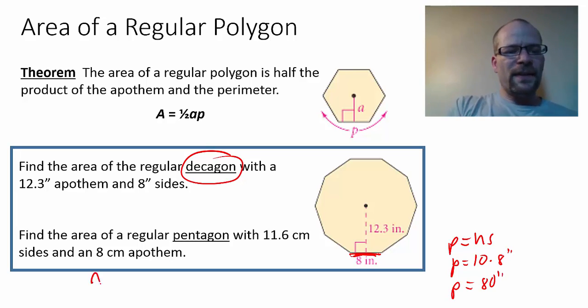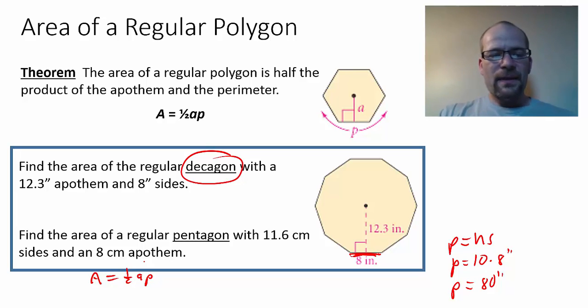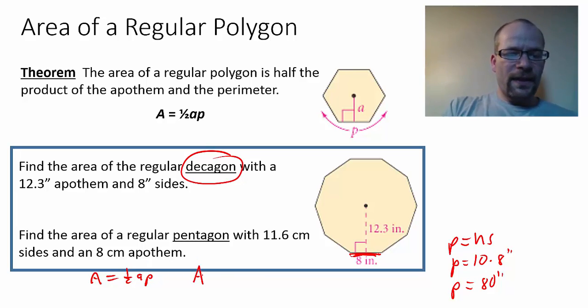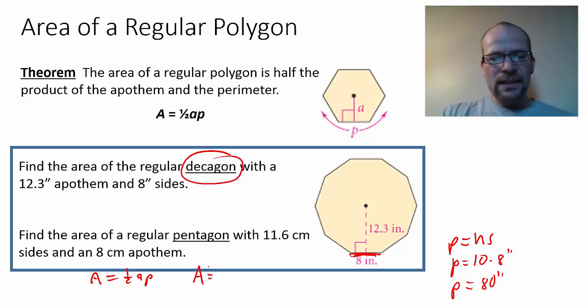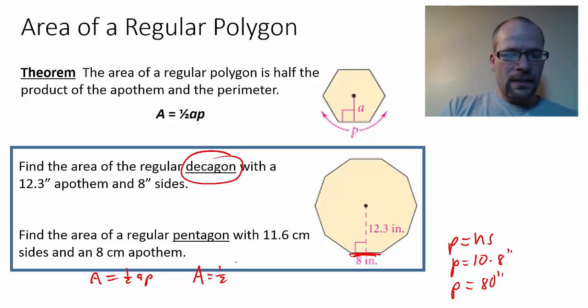We know that the formula for the area of a regular polygon is equal to 1/2 aP, where a is the apothem and P is the perimeter. Therefore, the area of this decagon is 1/2 times the apothem, which is 12.3, multiplied by 80 inches, which is the perimeter.